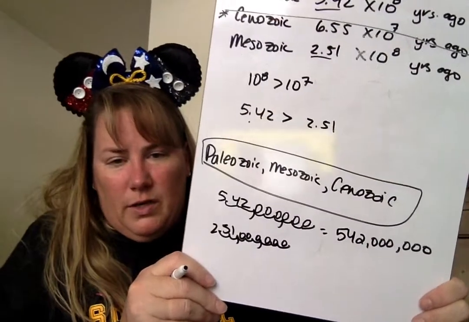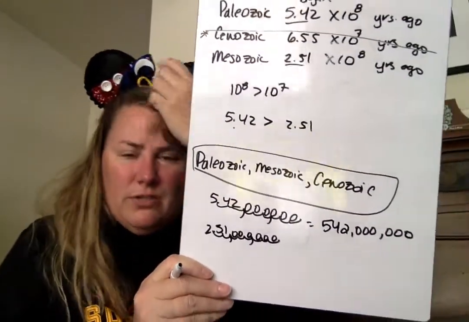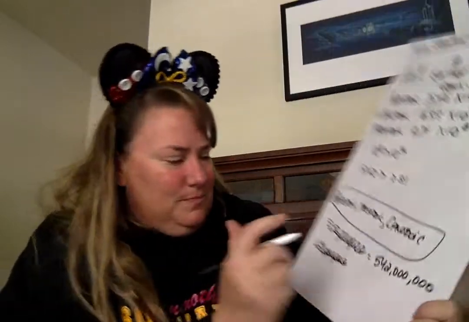So we have 2.51. We're going to move it 8 times again. 1, 2, 3, 4, 5, 6, 7, 8. And then I wrote it, moved it, and I know I put my board down. You guys couldn't see that, but I wanted to make sure it was kind of legible. And then you have 251 million.